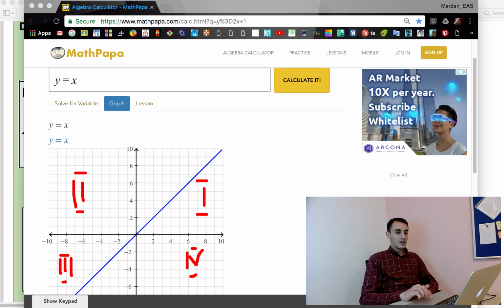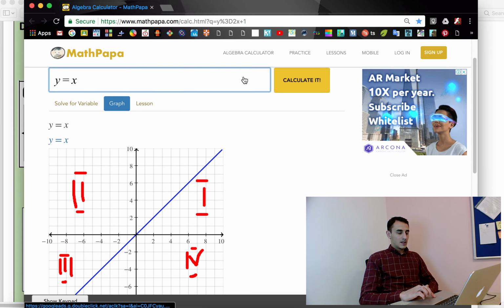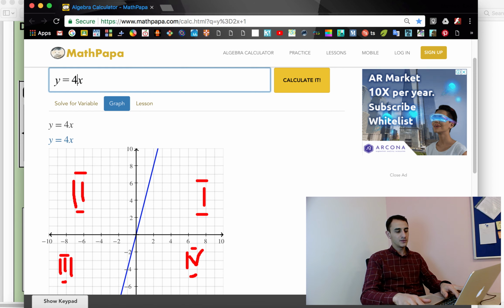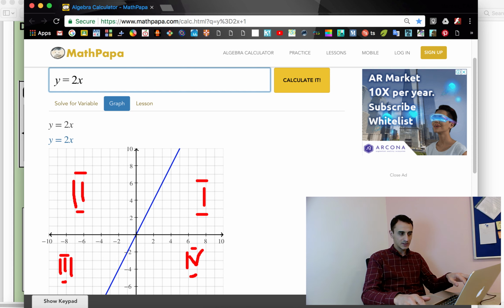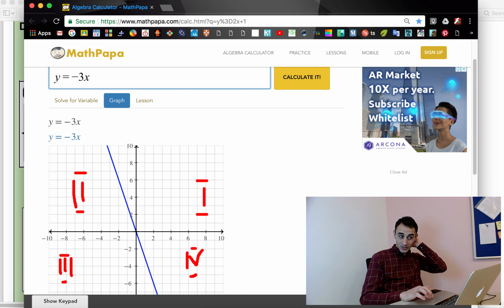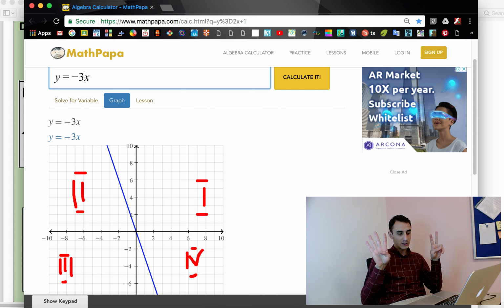Now, if the number in front of x is positive, then our line needs to pass through quadrants 1 and 3, as you see. If it is positive 4, it is always like this. If it is positive 6, it is also like this. If it is positive 2, it is also like this. But if it is negative 3, oops, they changed. You see? Now our line passes through second and fourth quadrant.